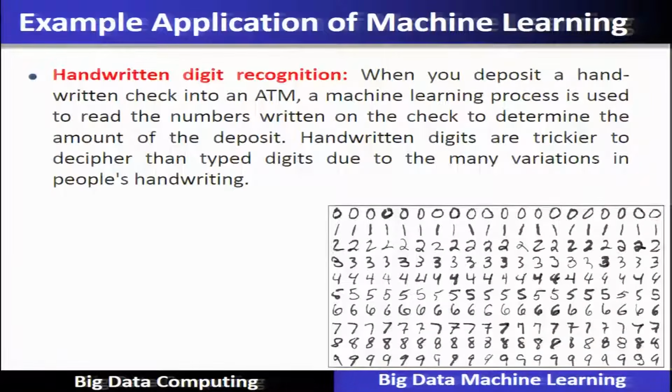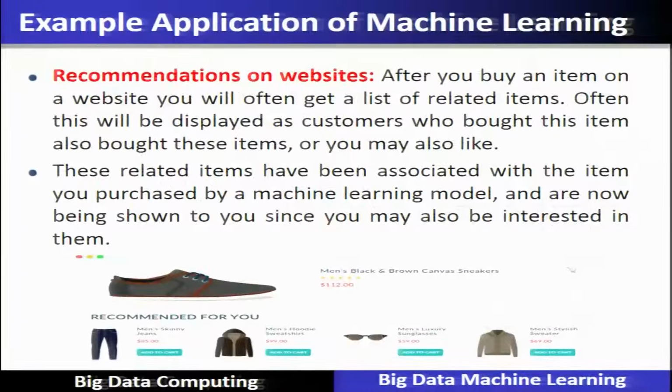So these handwritten characters, the digits between 0 to 9, can be identified using machine learning techniques. So this handwritten digit recognition is another such application of machine learning.